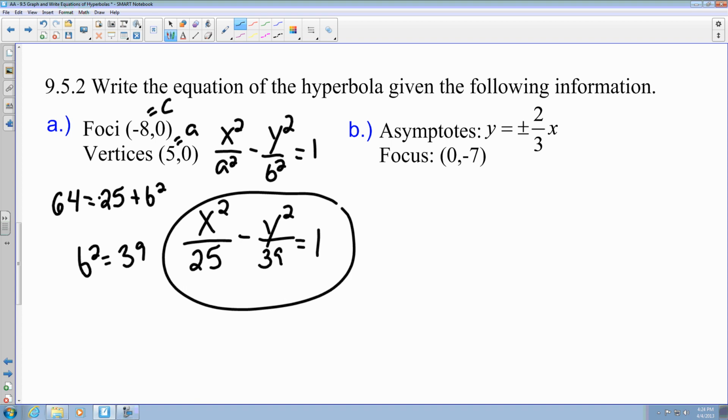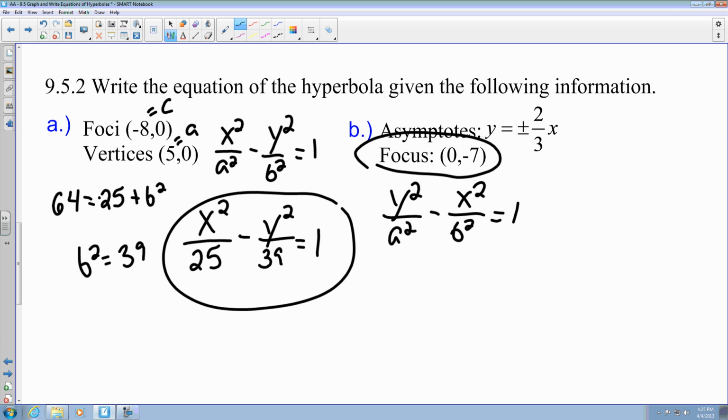Okay? For the next one, this foci here tells us that the coordinate is on the y-axis. So that means that we're going to be using the y squared over a squared minus x squared over b squared equals 1.